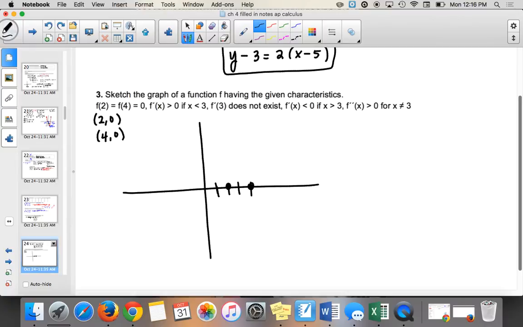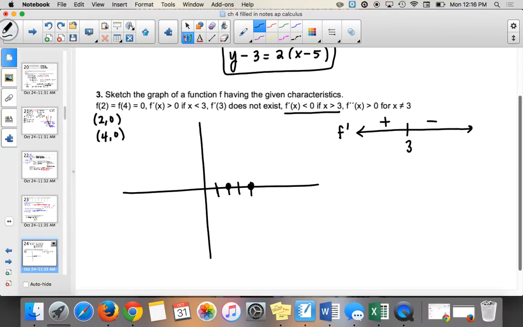It says f prime is greater than 0 if x is less than 3, f prime of 3 does not exist, and f prime is less than 0 for x greater than 3. Whenever I have something like this, like on an AP practice problem, I would put 3 on my number line for f prime. When I'm smaller than 3, f prime is positive. When I'm greater than 3, f prime is negative, right?